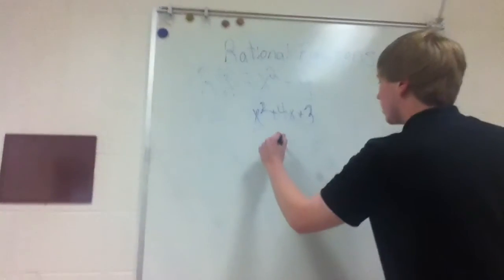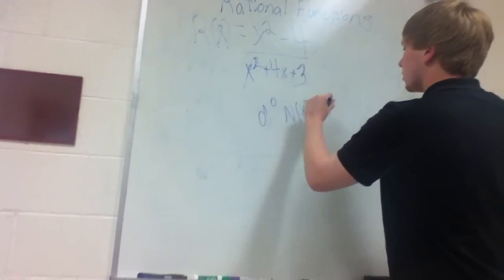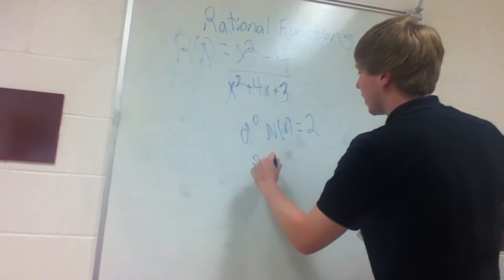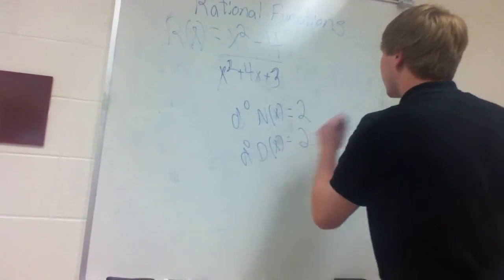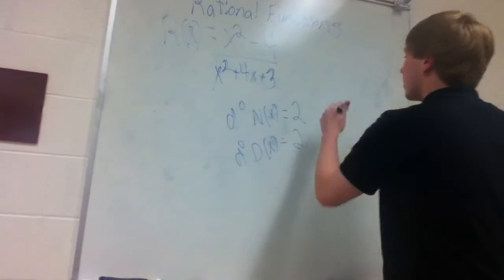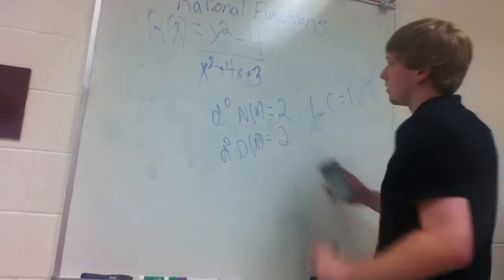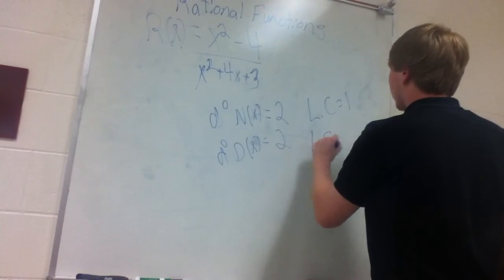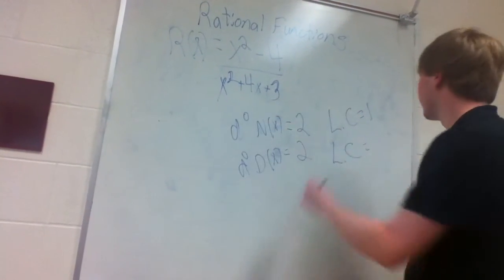The degree of the numerator equals 2, and the degree of the denominator equals 2, so they're equal. And the leading coefficient of the numerator is 1. It's x squared, and the coefficient equals 1. So the leading coefficient of the denominator is also 1.